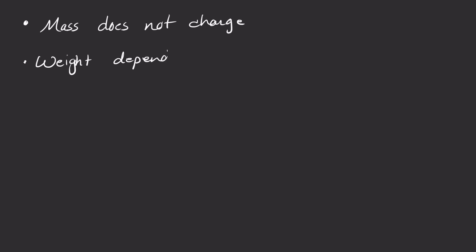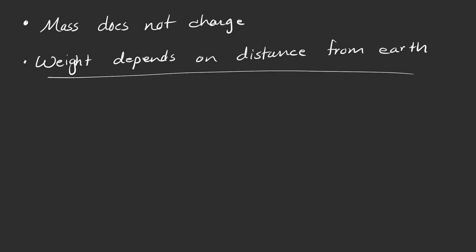So it's really important to remember that mass does not change, while your weight depends on your distance from Earth. So if you're near Earth's surface, then your weight is always just your mass times your gravitational acceleration on Earth.